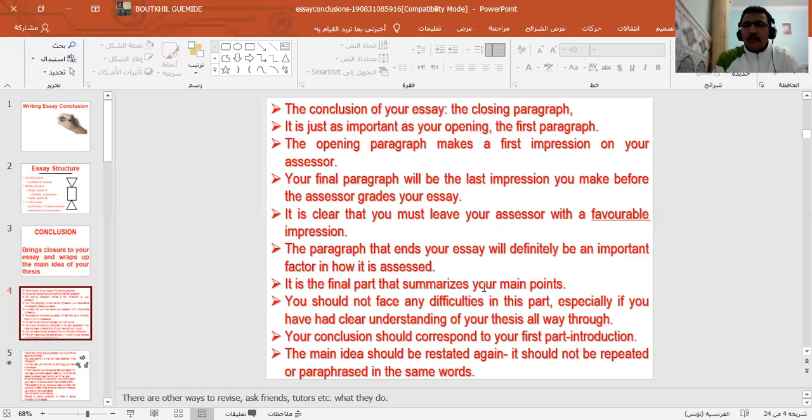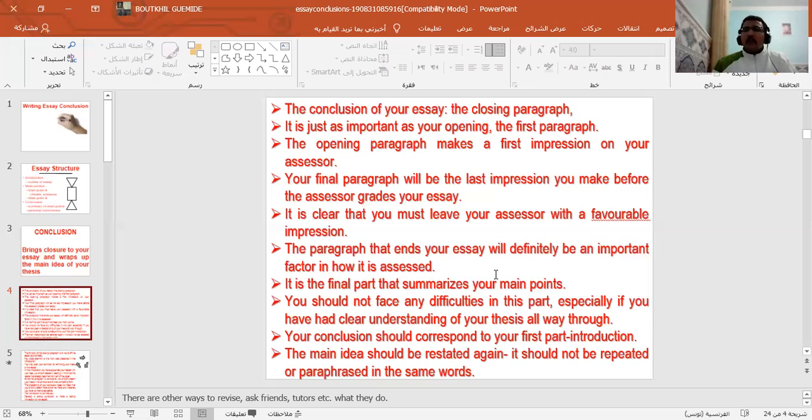So the conclusion corresponds directly to your introductory paragraph. In the introductory paragraph you have indicated the main idea, your thesis statement.